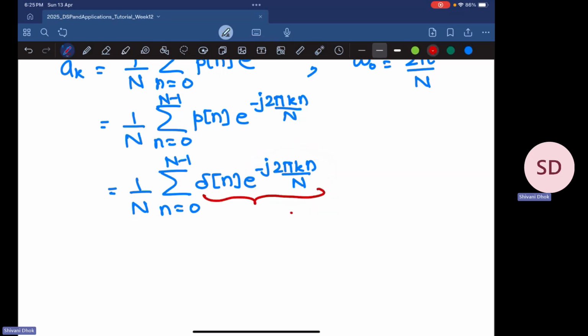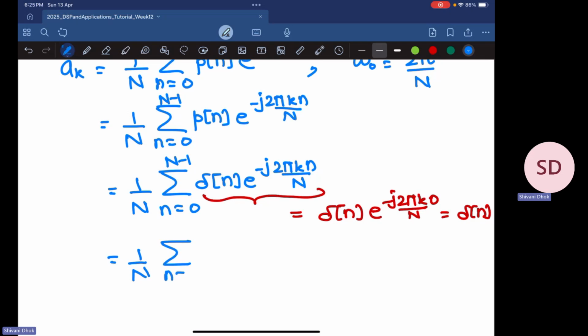So here we will get delta of n into e power minus j 2 pi k 0 by N, which is equal to delta of n. So if I substitute it back, I'll get 1 over N summation n running from 0 to N minus 1 delta of n into 1, and in 0 to N minus 1, the sum of this unit impulse is 1.